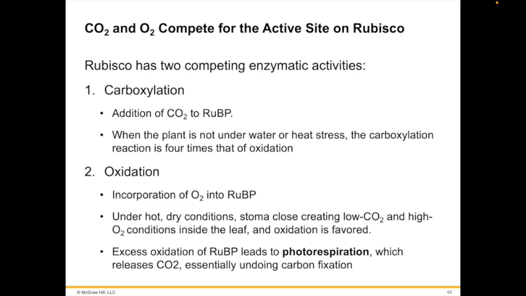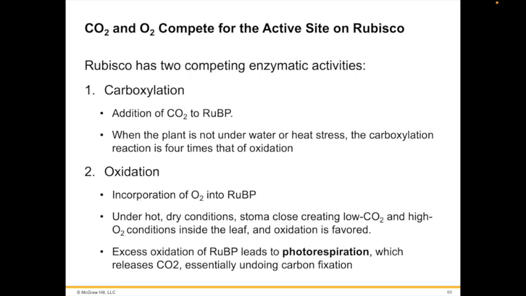This enzyme has a second enzymatic activity that interferes with carbon fixation, namely that of oxidizing RuBP. In this process, called photorespiration, oxygen is incorporated into RuBP, which undergoes additional reactions to release CO2. Hence, photorespiration releases CO2, essentially undoing carbon fixation.